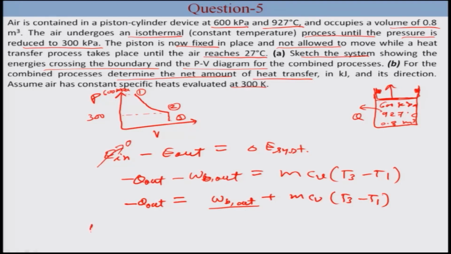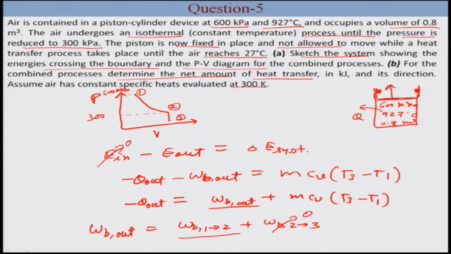So total work W_b,out will be W from state 1 to state 2 plus from state 2 to state 3. This is an isochoric process, so the work done will be 0 because volume is constant. The only work done by the system is during the isothermal expansion.